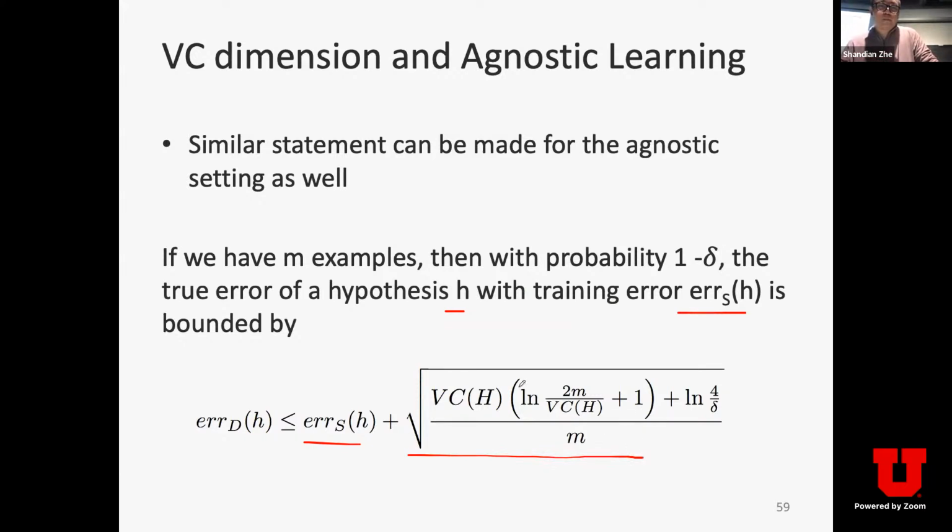This term is determined by the number of training examples you use, by the confidence level delta you're choosing, and also by the VC dimension, which measures how complex your hypothesis space is.